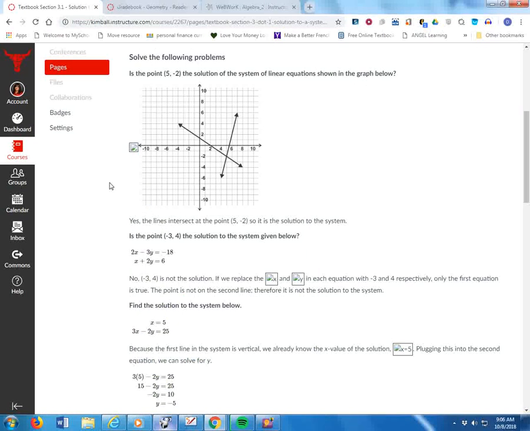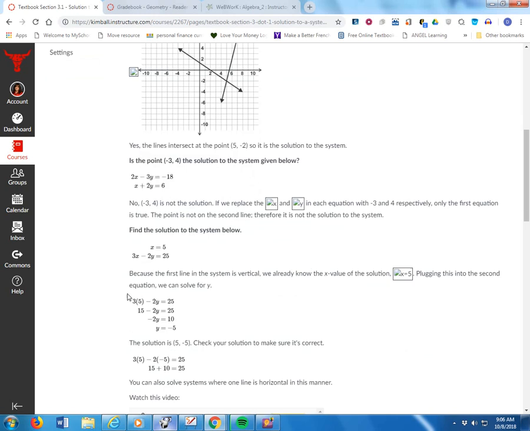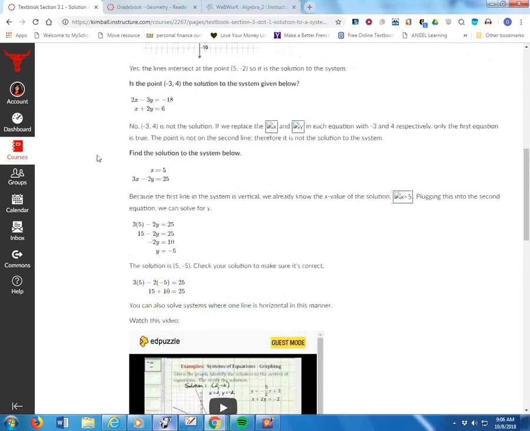If you're given a graph, wanting to know if 5, -2 in this example is actually a solution. So looking here, where they intersect does in fact happen at 5, -2. So the answer is yes. If you want to figure out whether it's a solution to a system of equations that isn't graphed, again, you just put those points in for x and y and see if it's true for both. And then if it is, it's a solution.